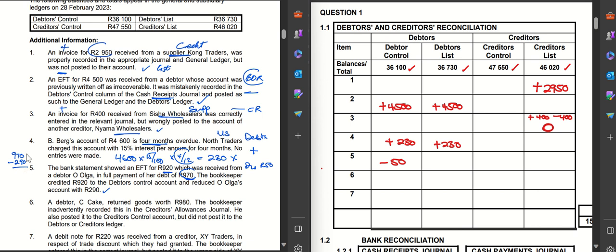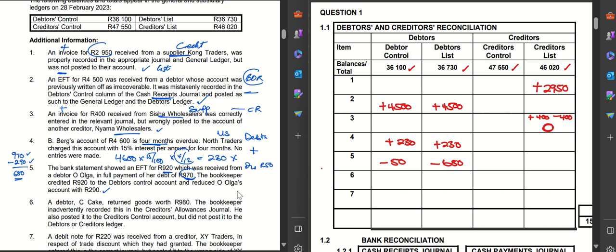If you say 970 minus 290, you will get a difference of 680. So we should have reduced it by 970, but we reduced it by 290. So we should go again and reduce by a further 680. Minus 680 more. Like that.